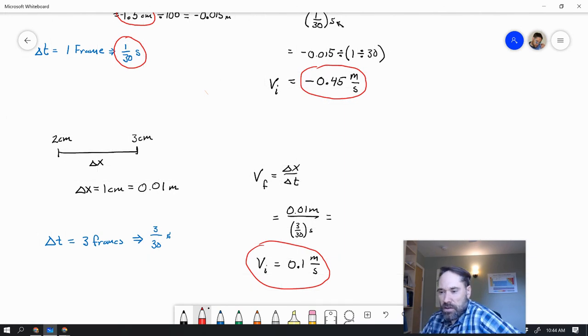I'm putting in my final velocity. Got to make sure that all the variables and subscripts are right. So there I have it. I have a negative 0.45 meters per second on the way in, and then it hits the wall, and now it is a positive 0.1 meters per second on the way out.